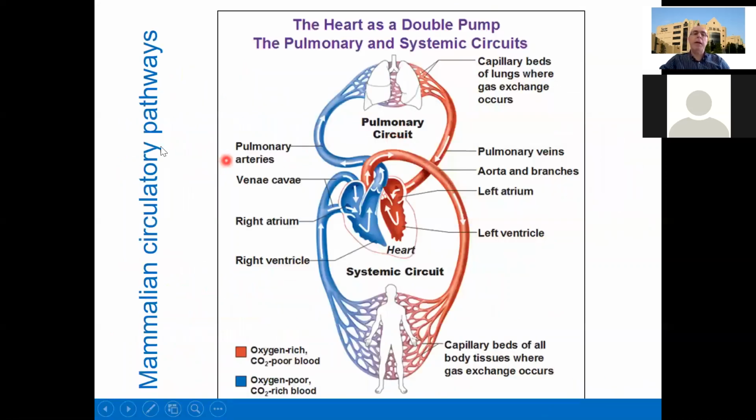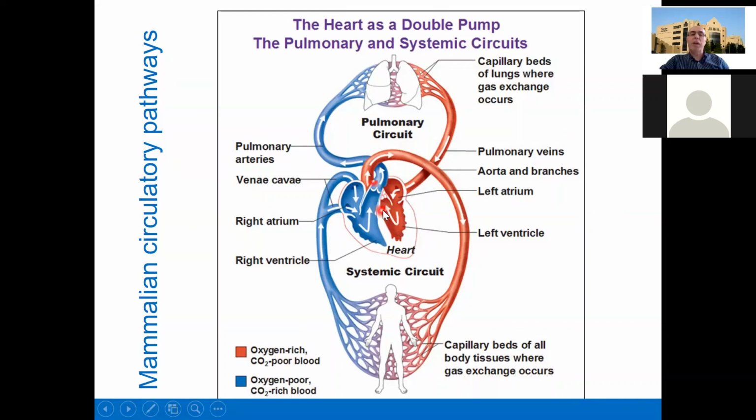Okay, here is the blood circulation. Circulation in our body is divided into two circuits: the pulmonary circuit and the systemic circuit. Keep in mind that the blood oxygenated by our lungs comes to the left atrium, and then the left ventricle.